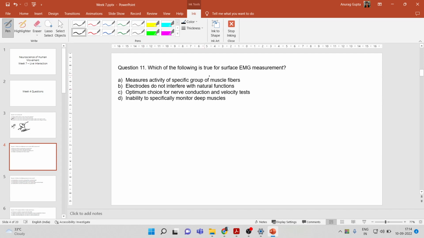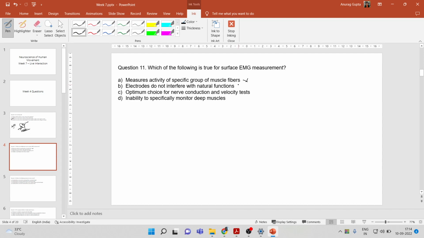A: measures activity of a specific group of muscle fibers. No, actually, since it's a surface EMG, the electrode covers a larger area, and hence this cannot be the answer. B: electrodes do not interfere with the natural function. This is true to some extent because there are basically two types of electrodes used to measure EMG.